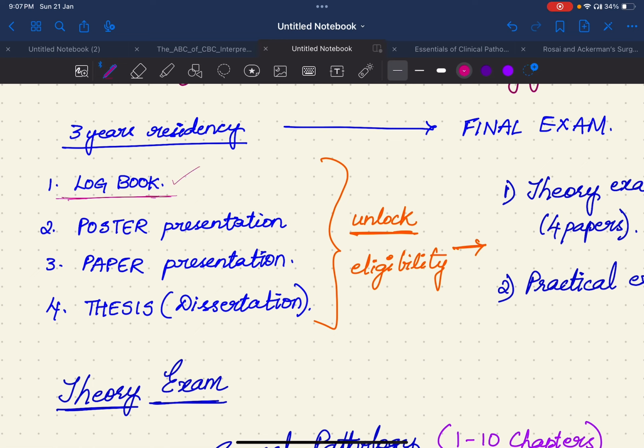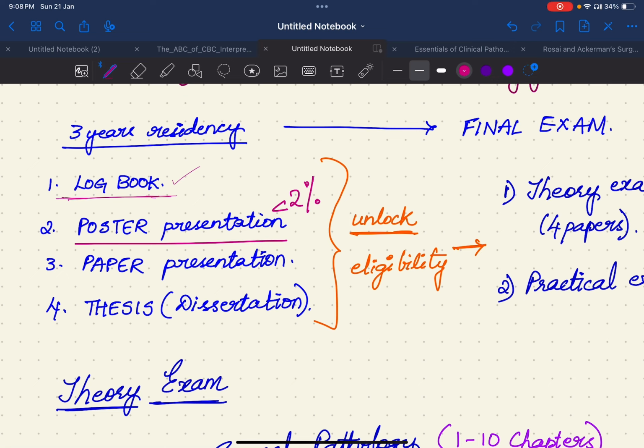The other mandatory thing is poster presentation. Mostly we do it in the first year itself because it's a very simple and small thing to do. For the poster presentation, you pick up a rare case with an incidence of less than 2% worldwide that you get in your college.